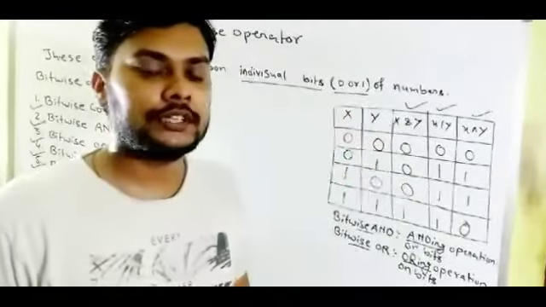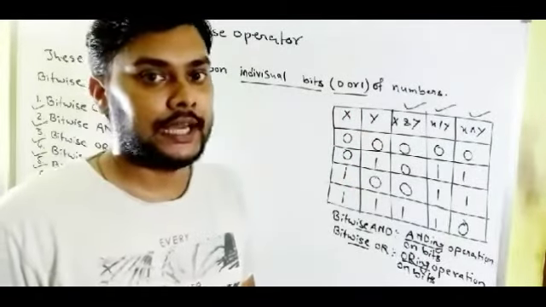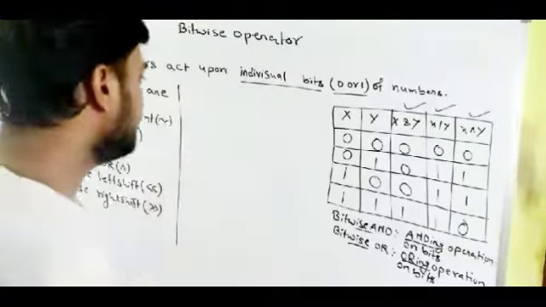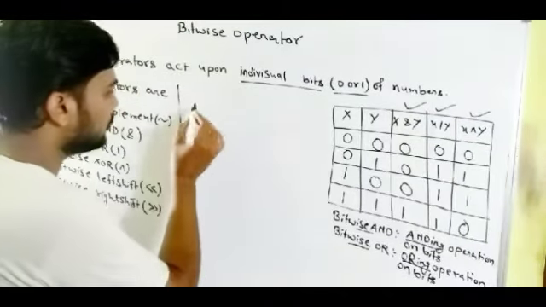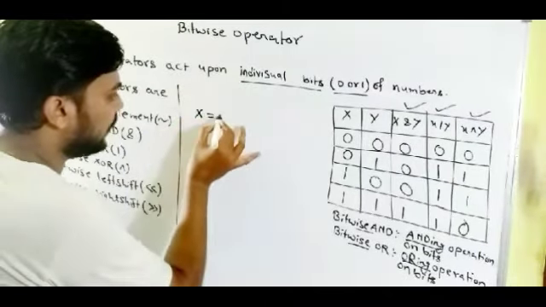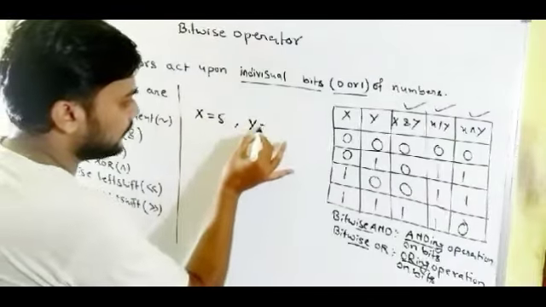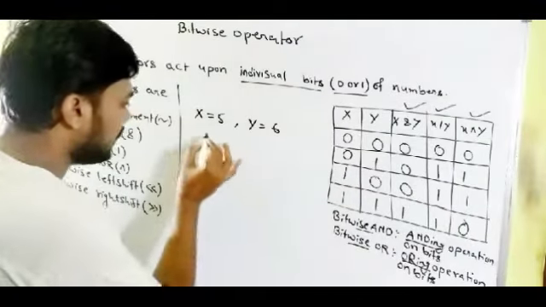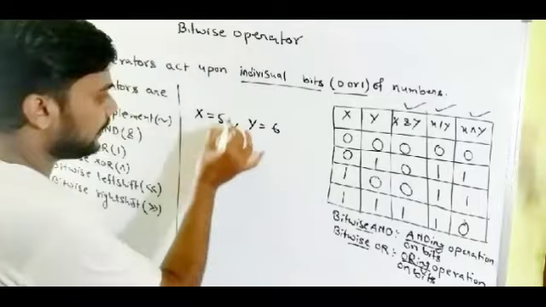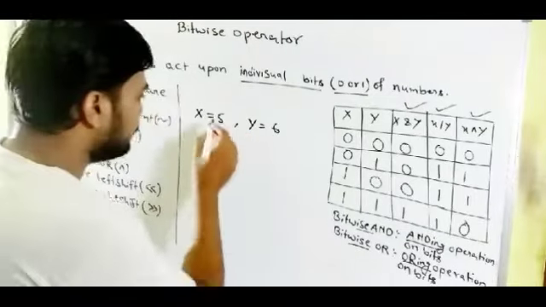Now the bitwise AND operation. For that we take x value as 5 and y value as 6, and then we convert the x value to binary.